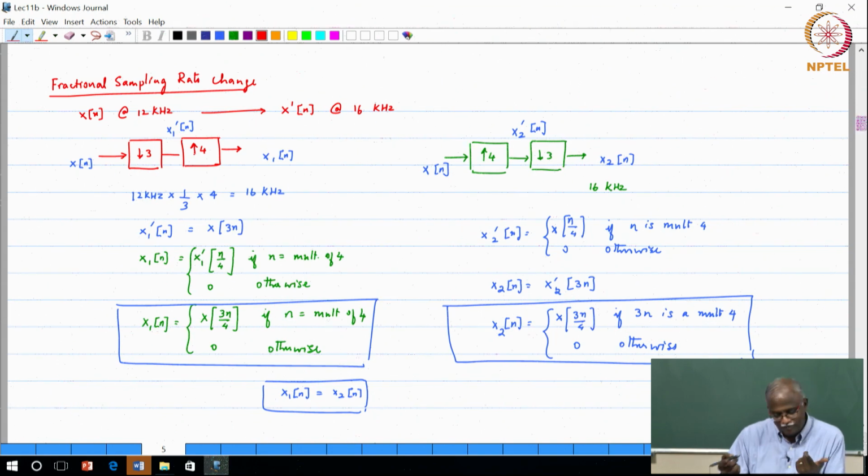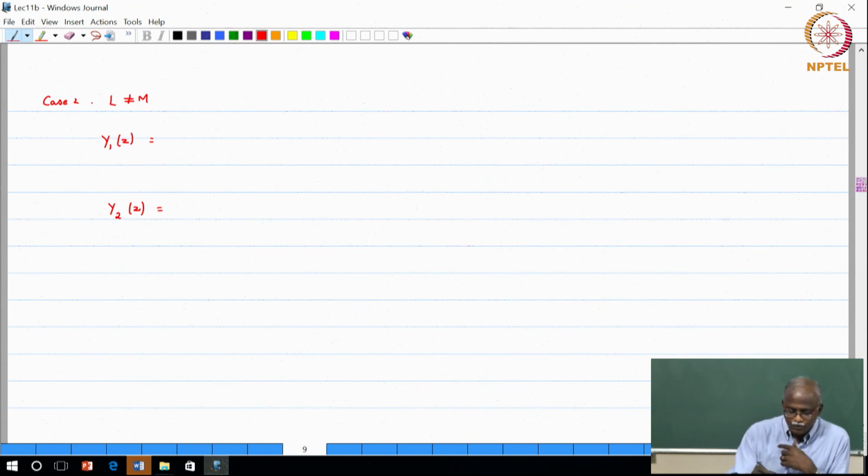That is one example where we saw that the output signals are the same. So, please do take a look at this, and we will build on this in the lectures going forward.